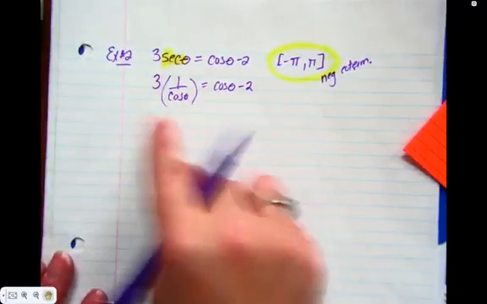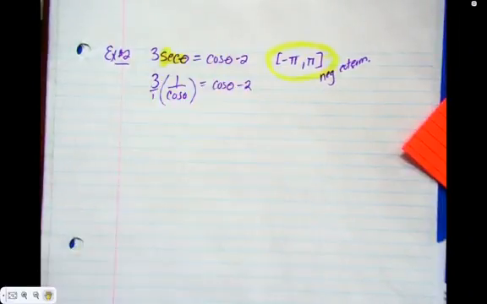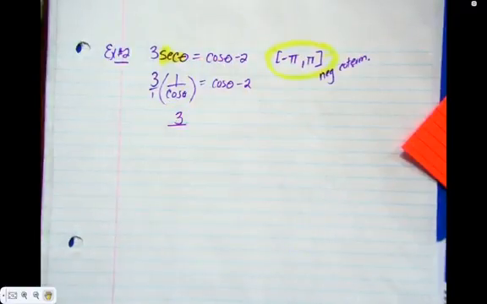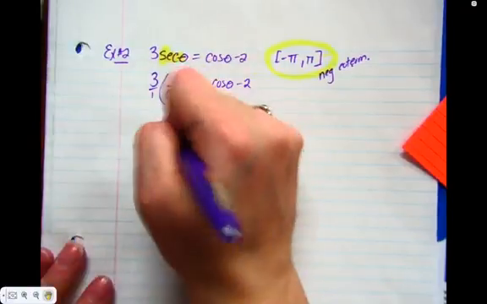Step number 1 is dealing with these brackets. So remember, there's an imaginary 1 under the 3. How do I multiply those two fractions together? Top times top, bottom times bottom. So 3 times 1. And then people always go 3 times cos, and I'm like, no, no, not 3 times cos. 1 times cos is just cos.